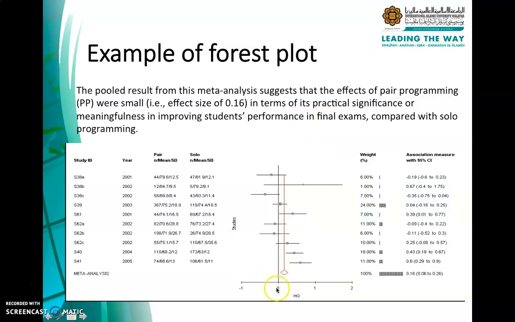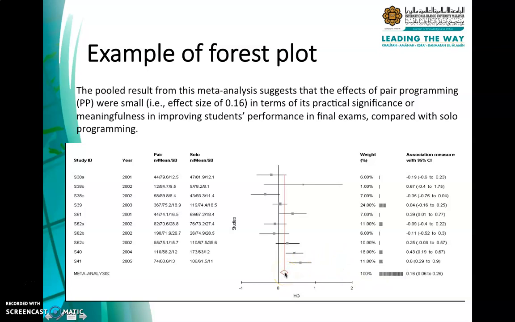The average effect size here is just 0.16. This pooled or average effect size of 0.16 is considered small. What this means is that the effect of pair programming in improving students' final exams is not that strong.